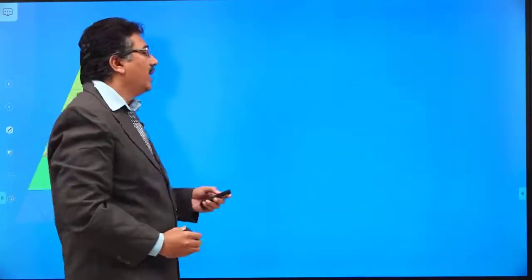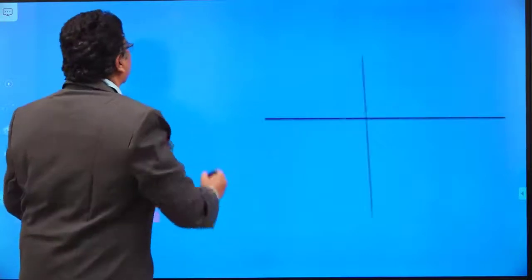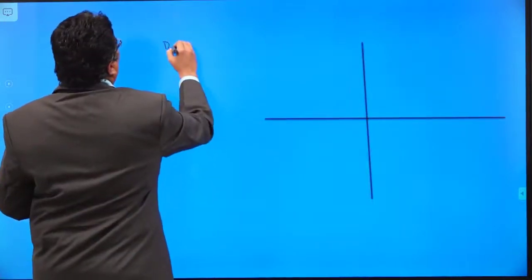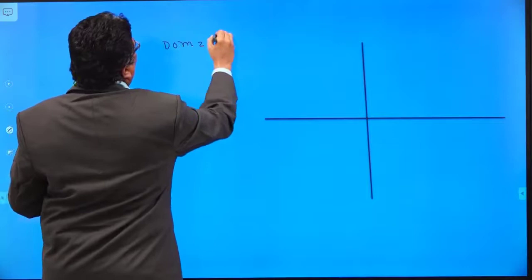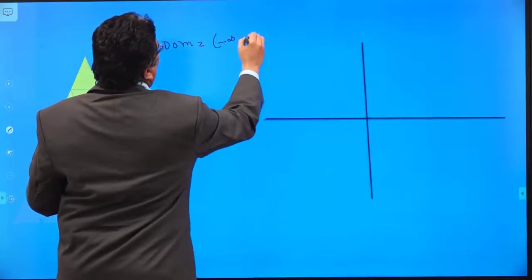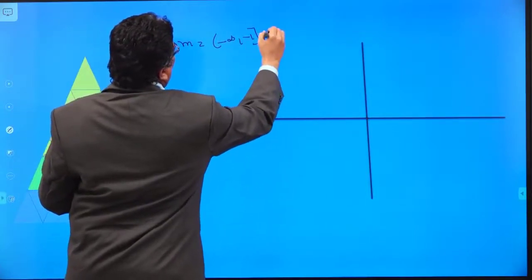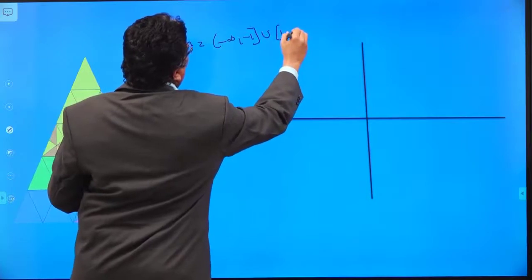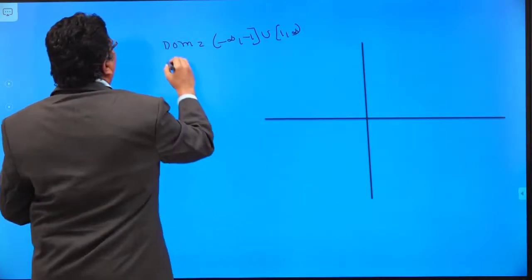Now see the graph of cosecant inverse x. The domain of cosecant inverse x is minus infinity comma minus 1 union closed interval 1 comma infinity.